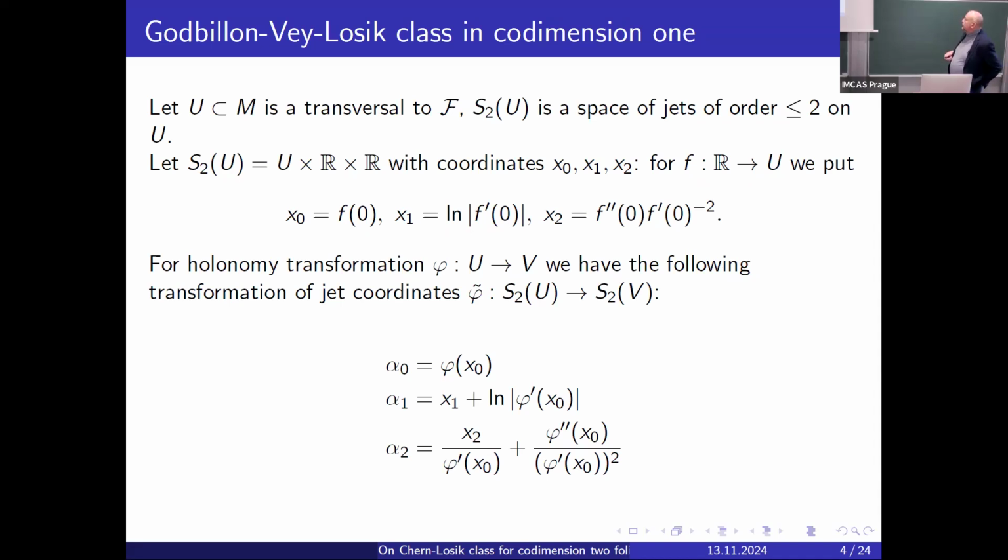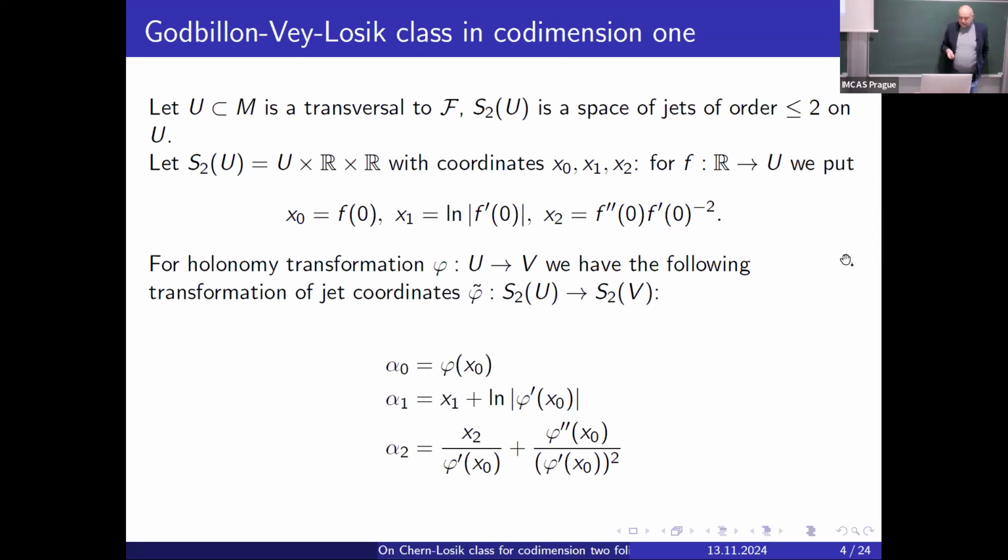Later it will be clear why we need this f prime minus 2. And now, if we have some local diffeomorphism from U to V, for example, U and V are two transversals in the foliation, then we can lift this diffeomorphism to the jet space from S2 U to S2 V, and we have the following transformation of coordinates.